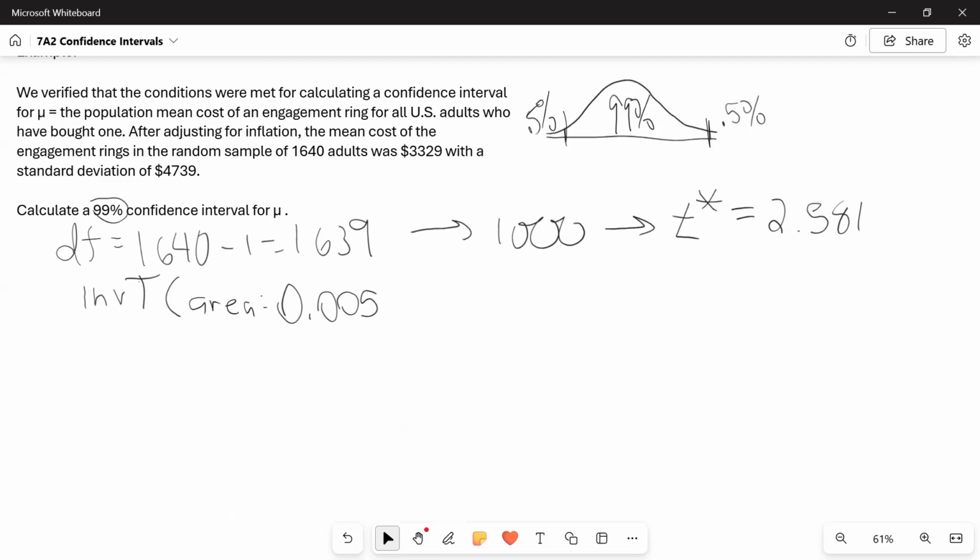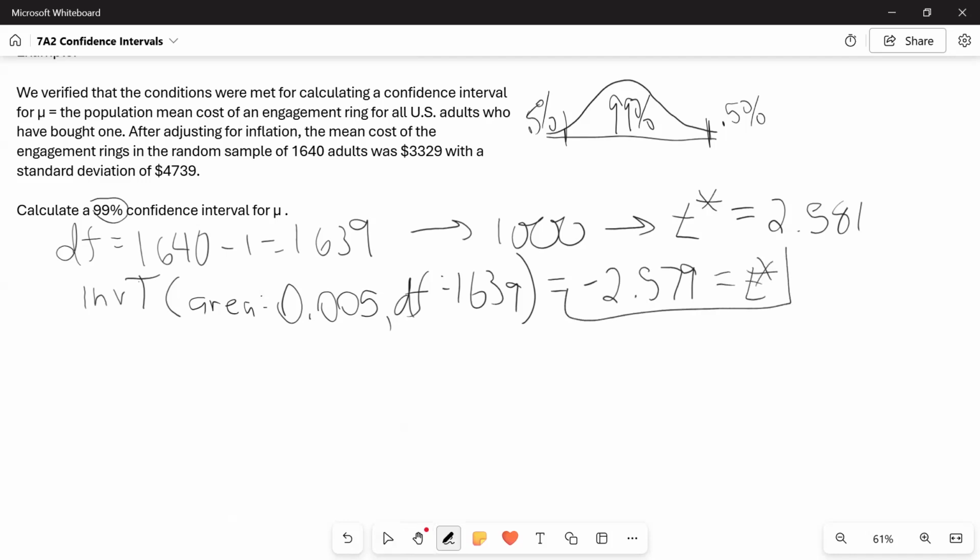Percent as a decimal would be 0.005. So we are going to put in 0.005, degrees of freedom 1639. In the calculator, you can actually put in the specific one, and you get 2.579. Okay, so we'll use that as our T star critical value for our calculations in this example.